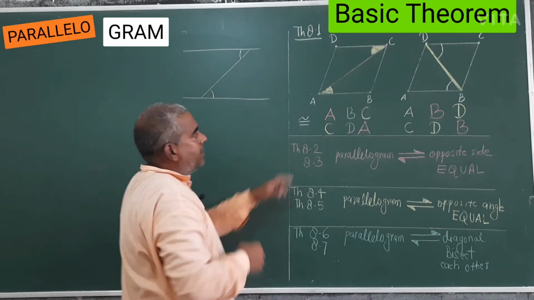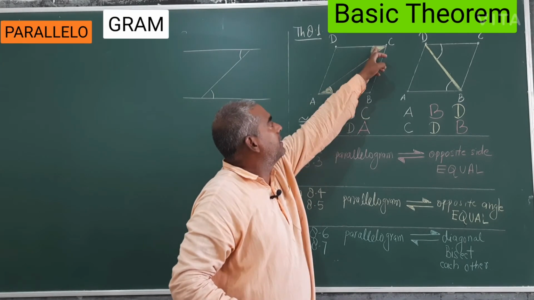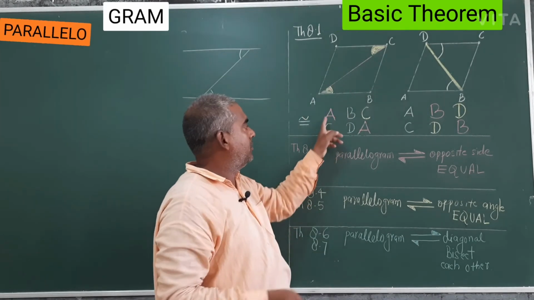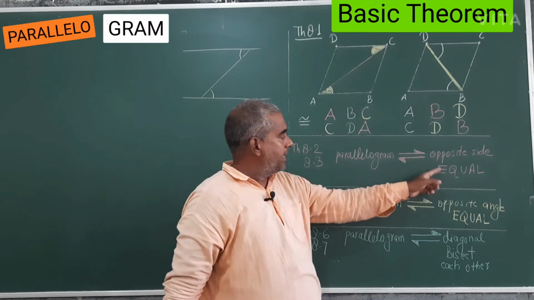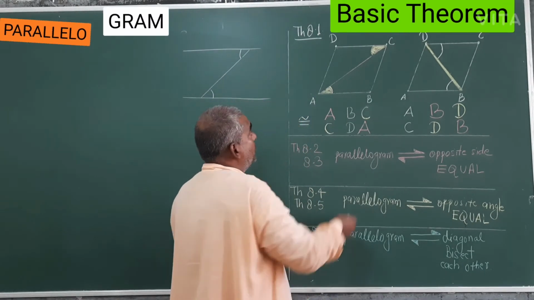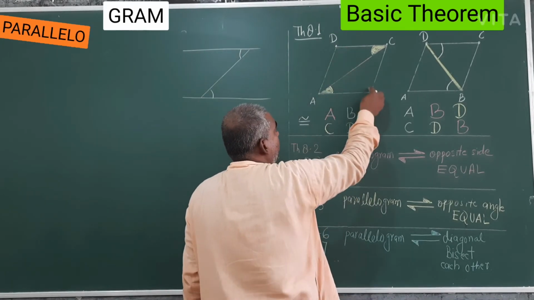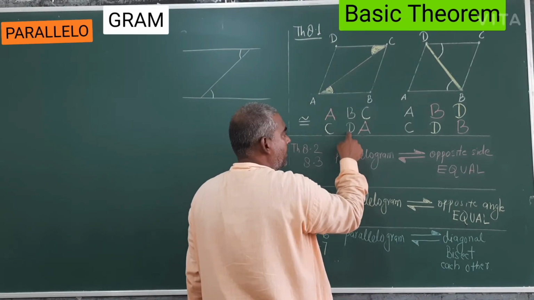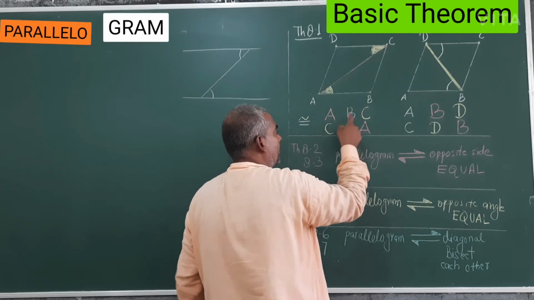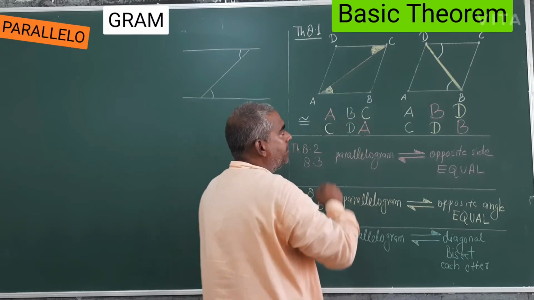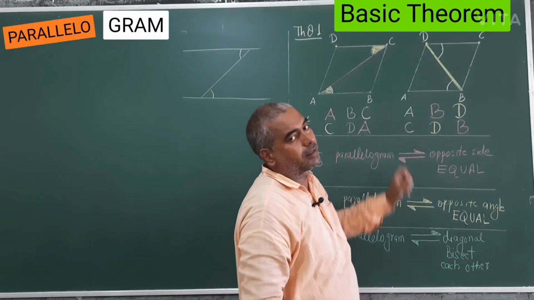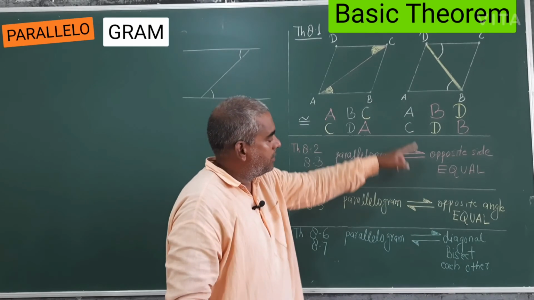So alternate interiors, A and C are equal, and here this C is equal to this A. So I have written that opposite sides are equal. From here you can write opposite angles are equal. Opposite angles means angle D is equal to angle B. This DB is the cross, because A and C are divided now for this triangle. But BD is equal. And similarly you can see in this figure A and C are equal, this angle equal to this. So with the help of this you can prove it.